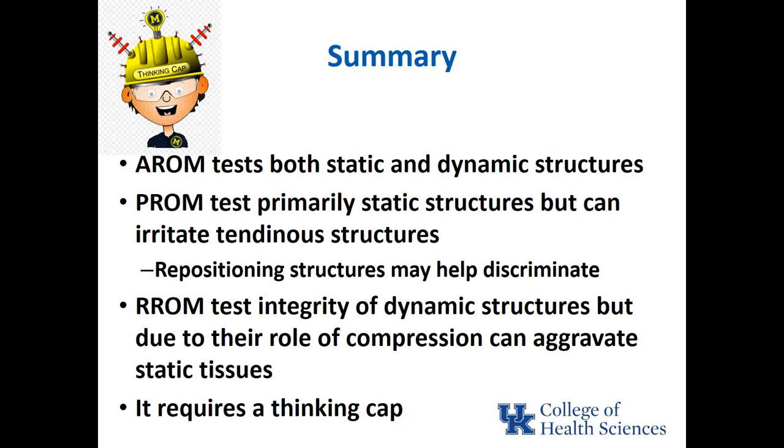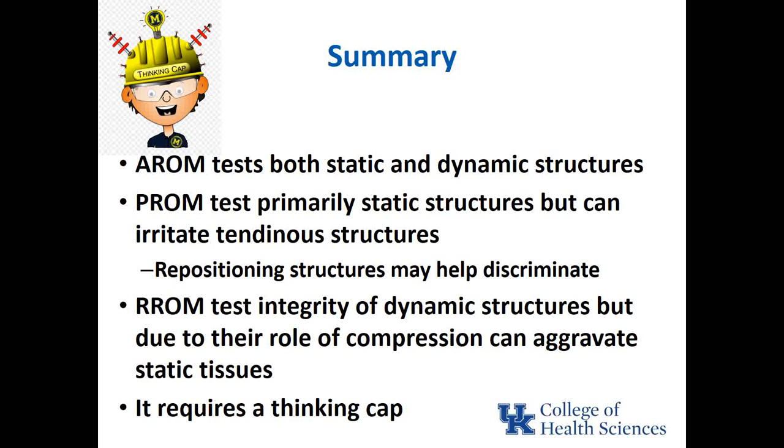So to summarize, active range of motion tests, both static and dynamic structures are being evaluated. So when you're suspicious of a cuff tear, you have to do both active and resisted type exercises. When you're more suspicious of a ligamentous or a labral pathology, passive range of motion tests are really important.